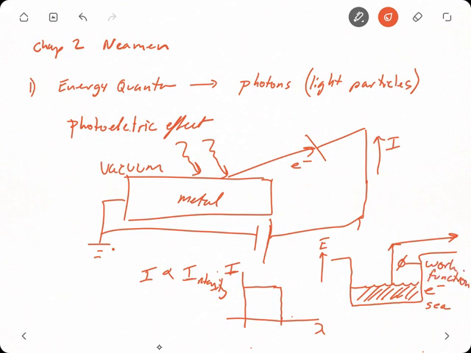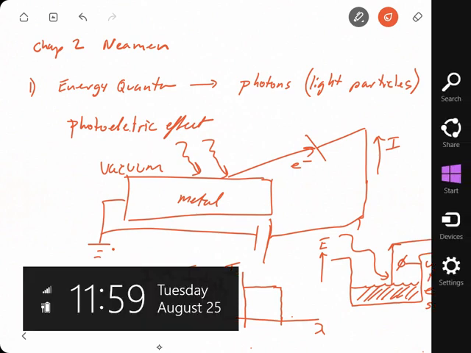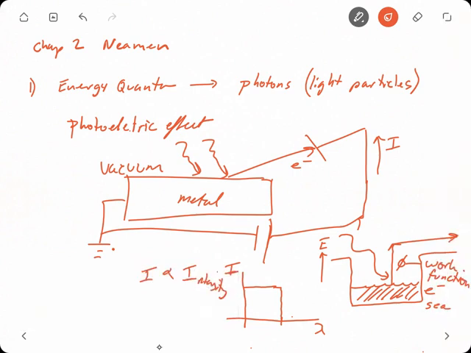So there's some sort of binding energy that keeps the electrons inside the metal, which needs to be overcome by the light when it comes in order to eject an electron. So let's go to the next page.